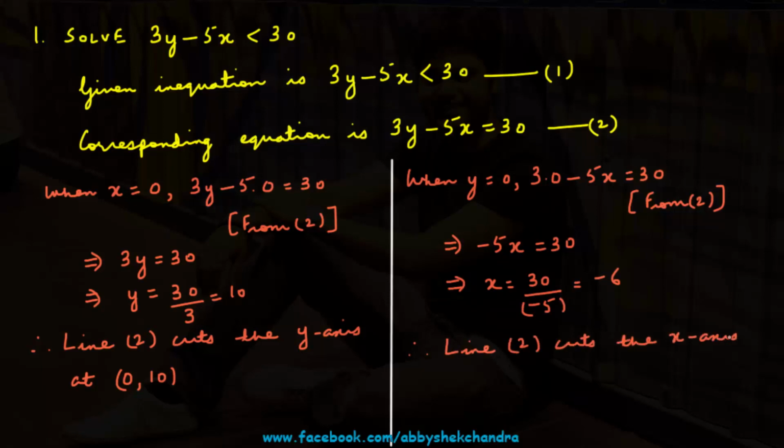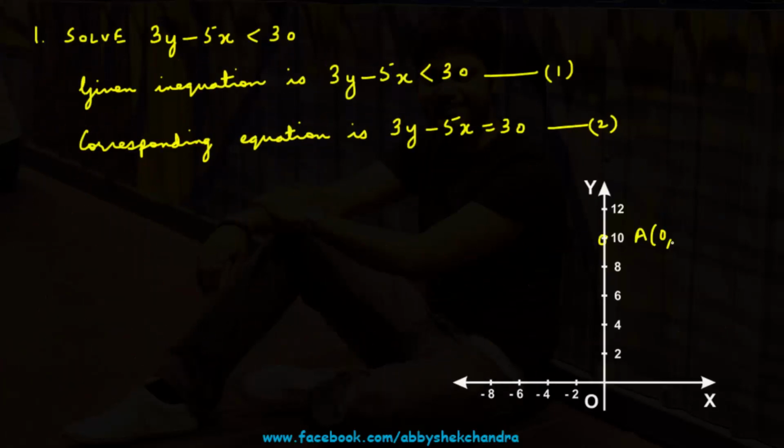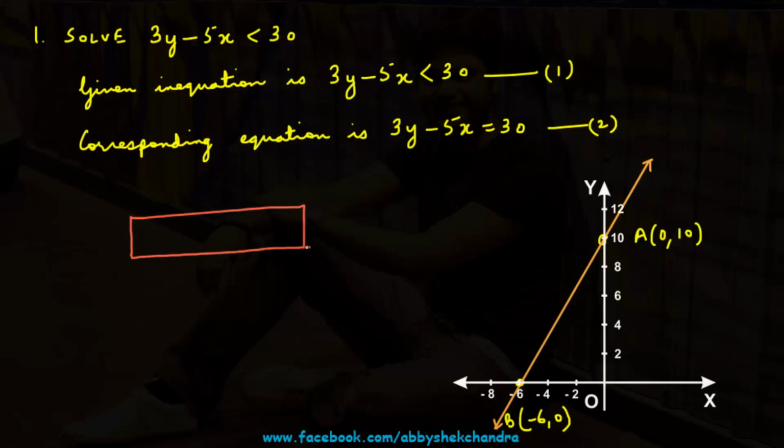Therefore, line 2 cuts x-axis at the point minus 6, 0. This is the point 0, 10, and this is the point minus 6, 0. So this is line 2. Note that we could have plotted line 2 by taking x equal to 0 and x equal to 1 and calculating the corresponding values of y using equation 2.